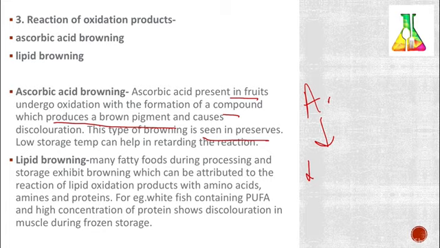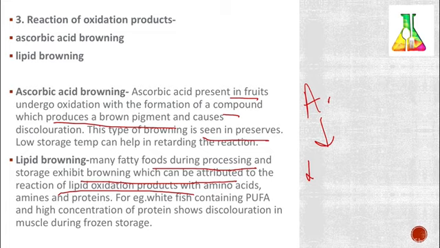Here is also another type of browning, that is lipid browning. Many fatty foods during processing and storing exhibit browning, which can be attributed to reaction of lipid oxidation products with amino acids. And there is also another type of browning that is not mentioned here. I would like to mention it. That is the browning caused due to metallic contamination, mainly by iron and copper salts.